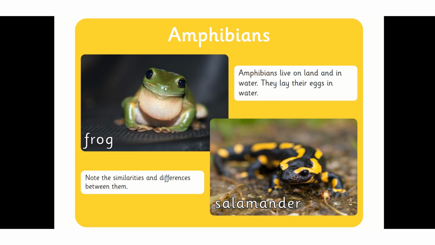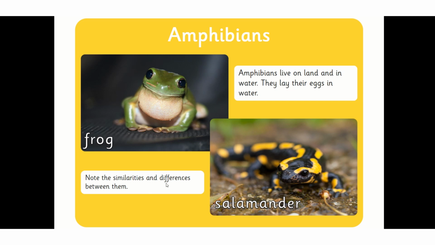This little frog here is quite green, and this salamander is a beautiful black and yellow colour, so the pattern looks very striking. The eyes are similar, quite dark eyes, but the frog's eyes are very round, and the salamander's eyes are nice and oval. I think the salamander's got little nostrils just like a frog has.